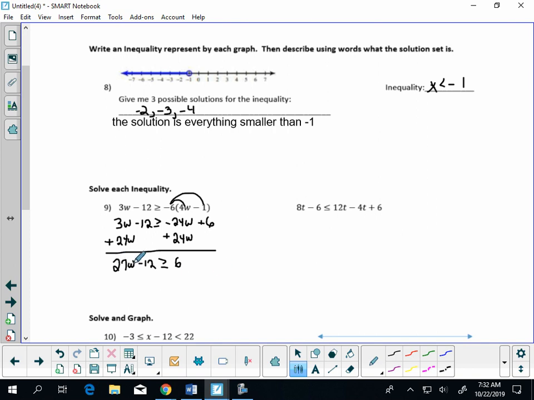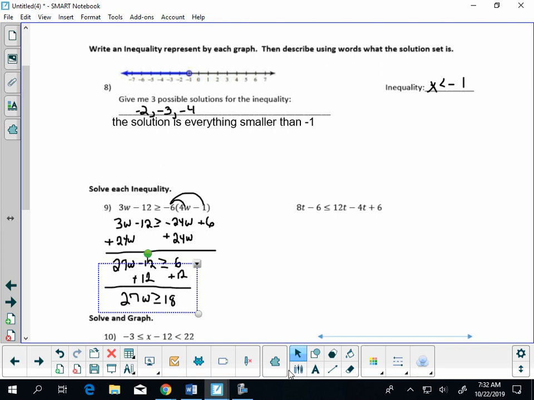Well, our w's are on one side. Now we need to get our numbers to the other side. So add 12. And I get 27w is greater than or equal to 18. Well, running out of room, so I'm going to rewrite that right here. 27w is greater than or equal to 18.